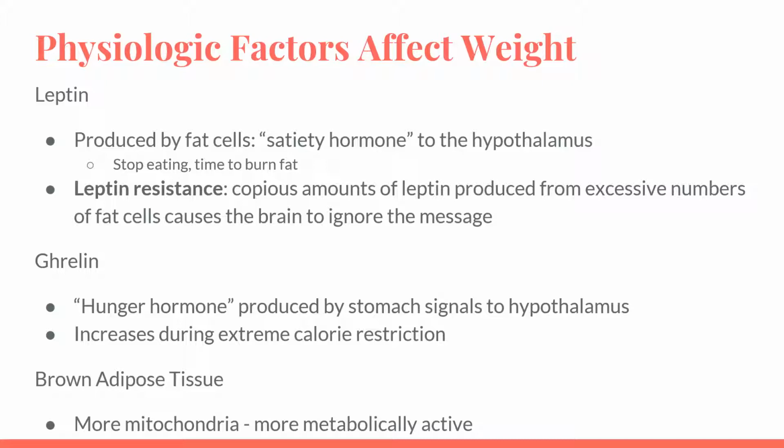This may be because ghrelin production actually increases during severe calorie restriction. And that kind of makes sense. The body needs calories, and if we are restricting them, the body would do whatever it can to say, hey, come on, eat something.